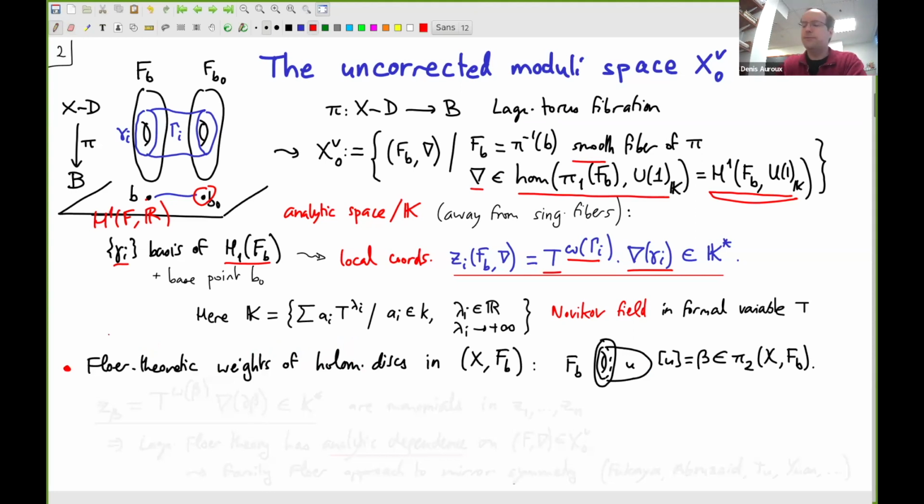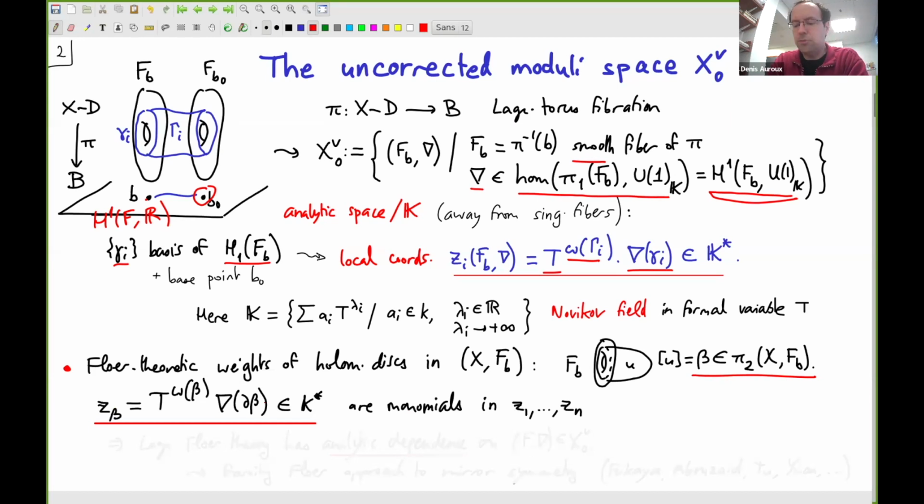It so happens that these are exactly the kinds of weights that one should use for counting disks in Lagrangian Floer theory with Novikov coefficients in the presence of local systems. So if I have a holomorphic disk with boundary on the fiber F_B, representing some class beta in relative pi_2, then Floer theory tells me that I should be counting it with a weight which is T to the symplectic area, that's usual Novikov coefficients, and times this holonomy along the boundary is how we put in local systems.